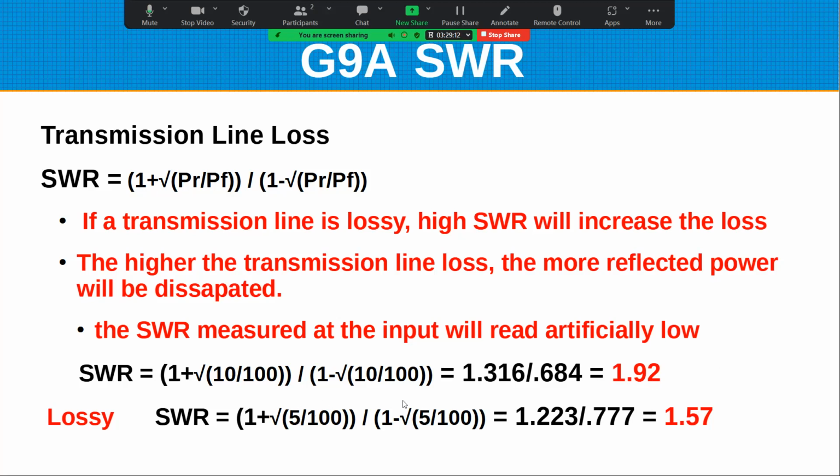If you had a very lossy network, you're going to see an SWR of 1.57, where you lost another 5 watts in the reflected power coming back. So you'd think you had a decent SWR, and it's really close to 2.